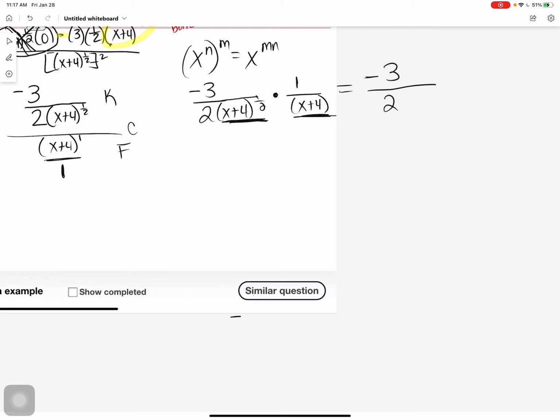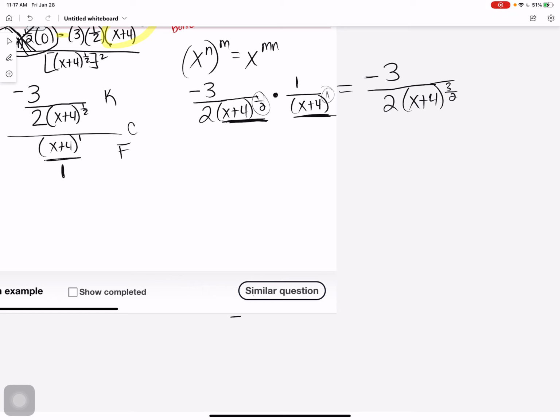And when you multiply like bases, what you do is you add those exponents. So we're going to have to add that 1/2 and that 1 that's there, even though we don't see it. So 1/2 plus 1 is 3/2. So this will give you x plus 4 to the 3/2 power.